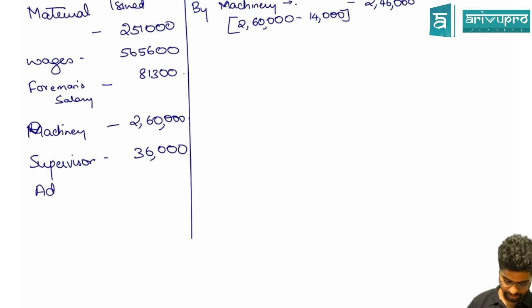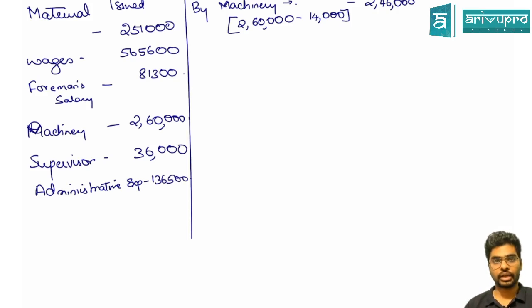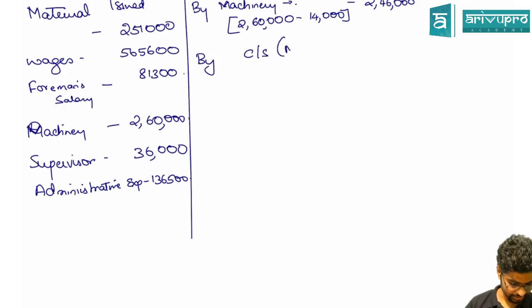Then I have administrative expenses. And how much does it come to? Okay. Now guys, I want you guys to understand this a little carefully because this is different in this question. Do I have the by closing stock of materials value? Do I have the closing stock material value?